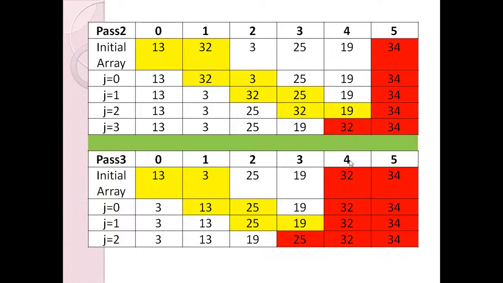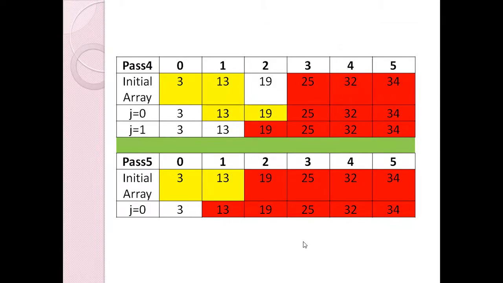So now you will perform one lesser comparison. 0 and 1 is compared, 1 and 2 is compared, 2 and 3 compared. And this 25 reaches its correct position. In pass 4, 0 and 1, 1 and 2 comparison is enough because this much of array is already sorted, and this 19 will come here after these two comparisons.